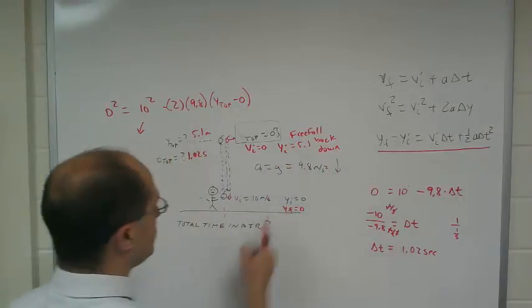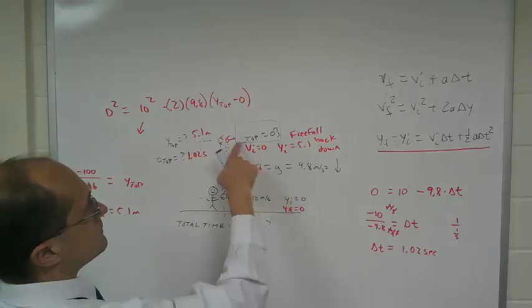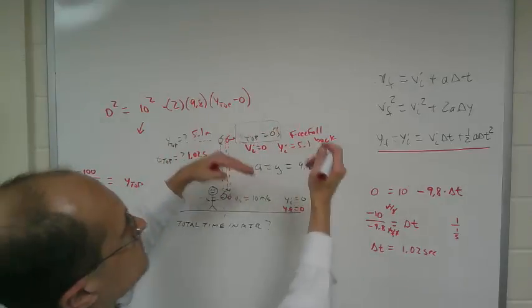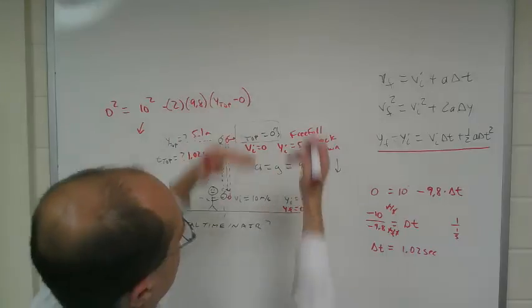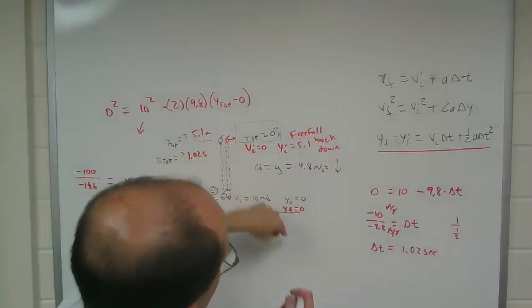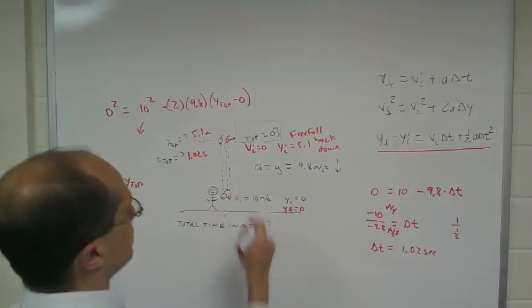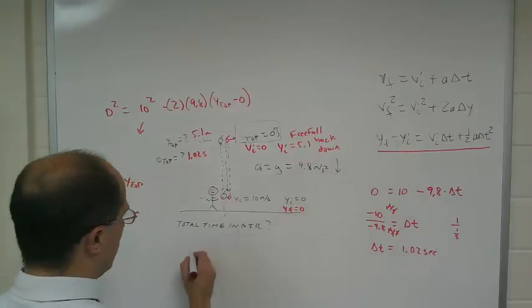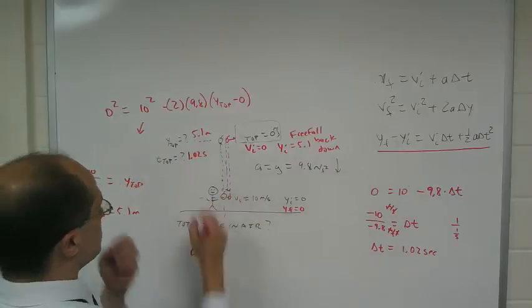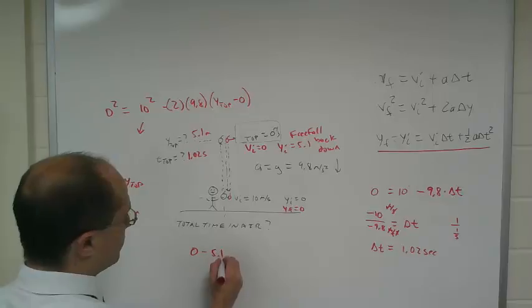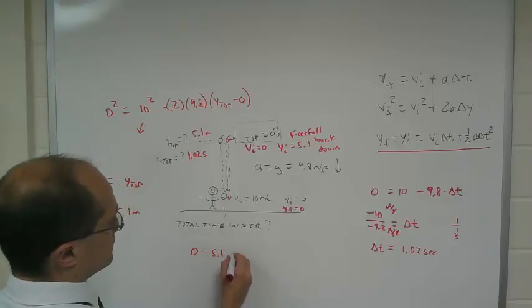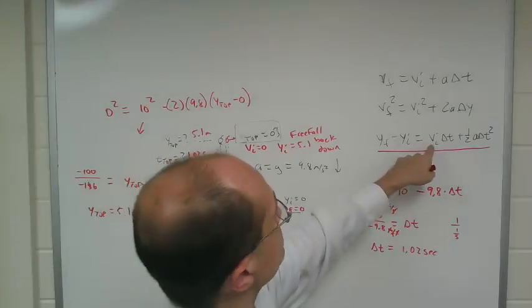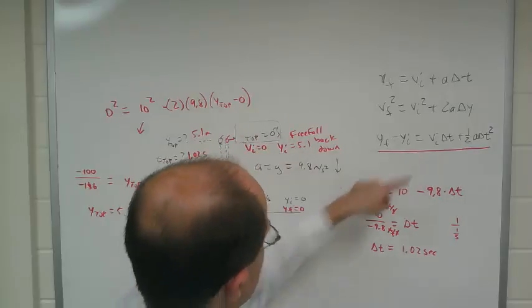All the information at the top becomes the initial information, and everything is flipped and becomes the new y final. So y final is now 0. Y initial is now our distance at the top, 5.1, which is our distance we're going to free fall. V initial is now v at the top, which is 0.